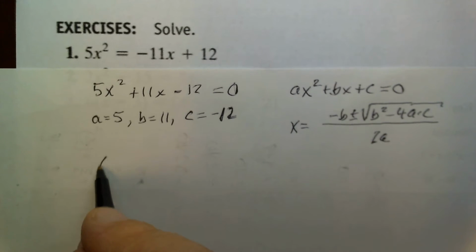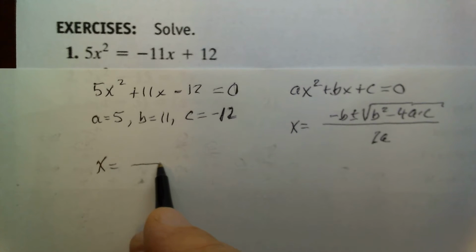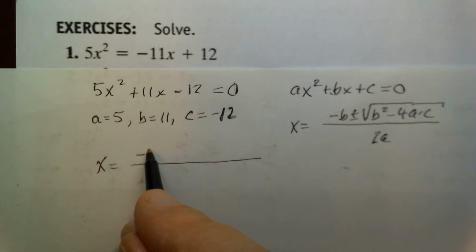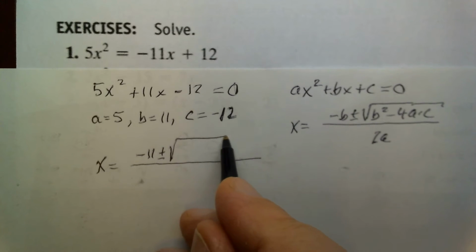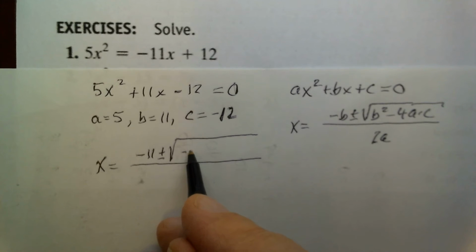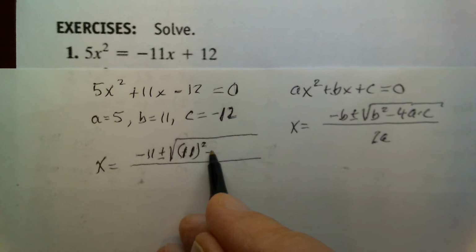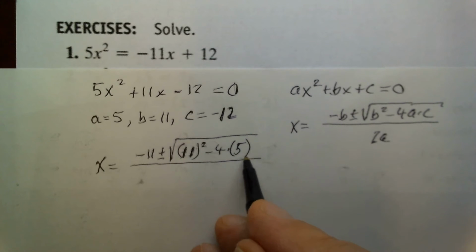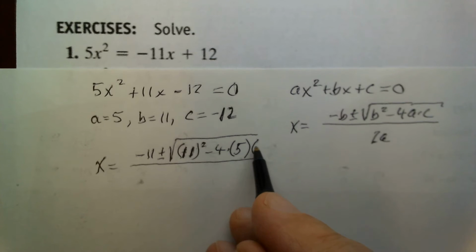So then x is equal to, b is 11, so it would be minus 11, plus or minus the square root of 11 squared, minus 4 times 5, a is equal to 5, times c, and c is equal to minus 12.